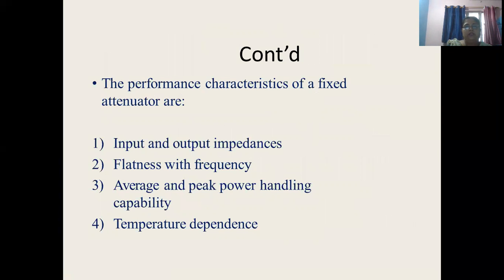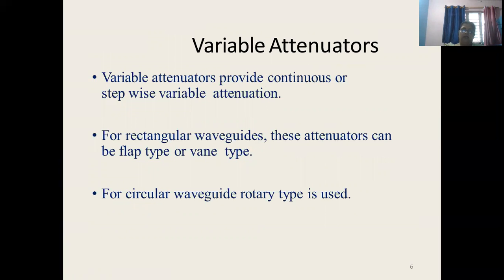The performance characteristics of fixed attenuators are input and output impedances, flatness with frequency, average and peak power handling capability, and temperature dependence. Another form of attenuator is the variable attenuator.